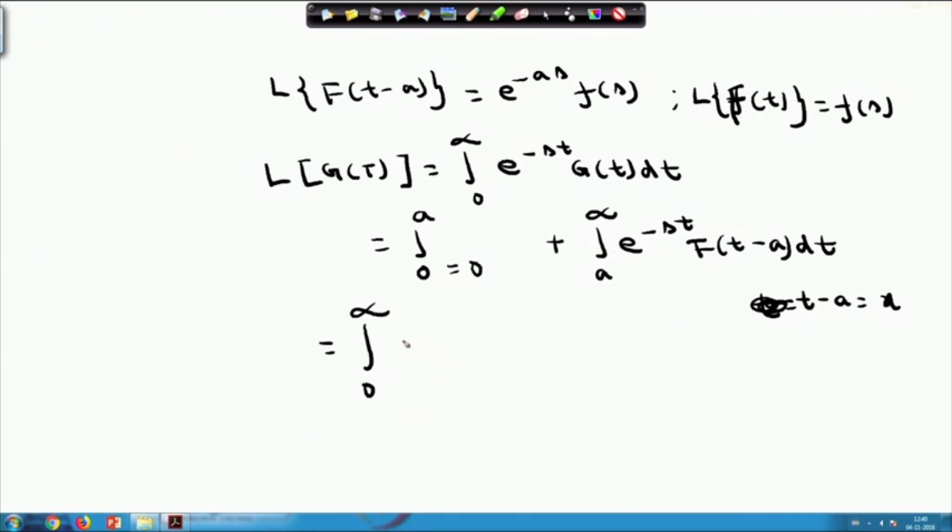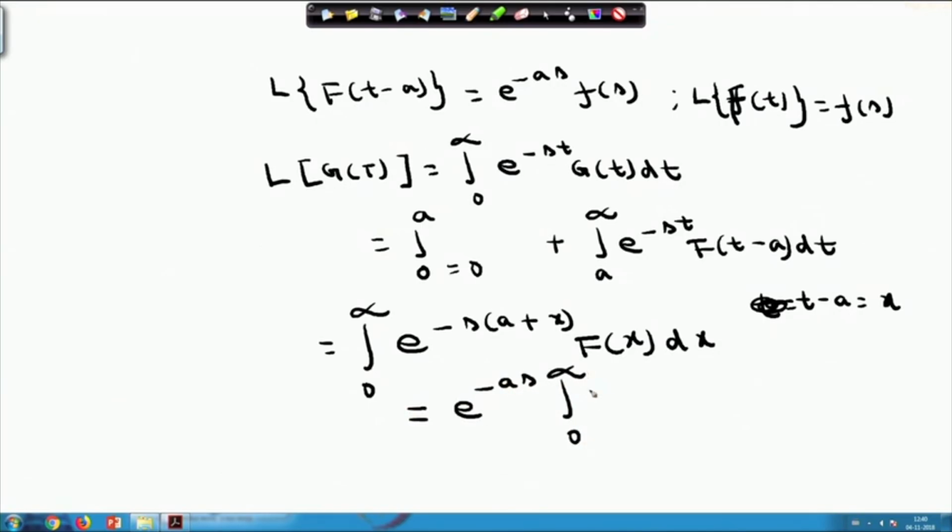So we get the integral from 0 to infinity of e^(-s(a + x)) f(x) dx. This e^(-as) I can bring outside, so this equals e^(-as) times the integral from 0 to infinity of e^(-sx) f(x) dx.